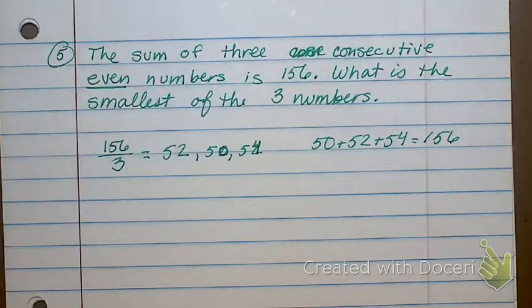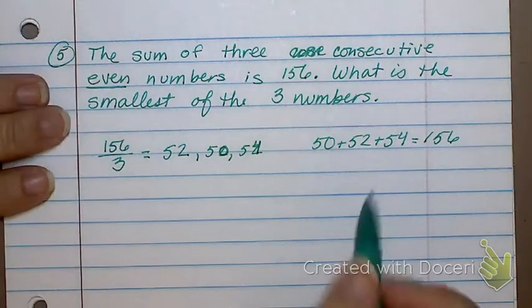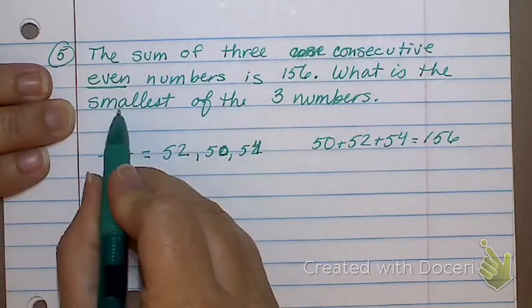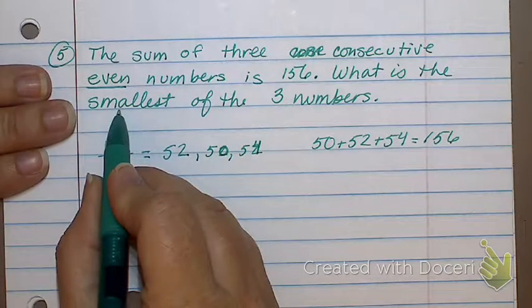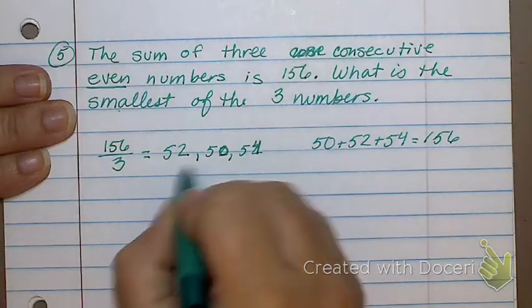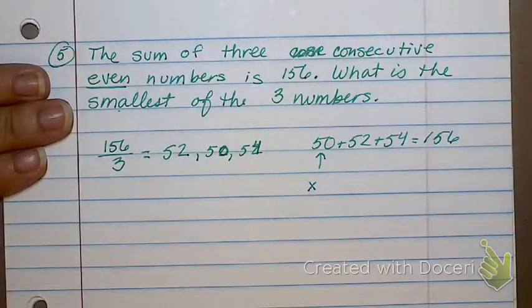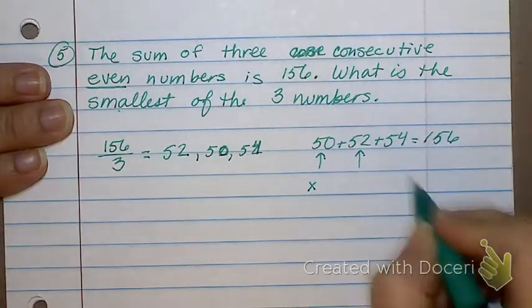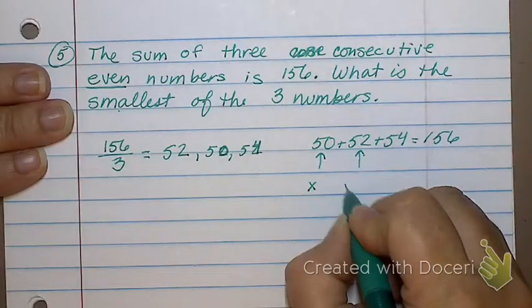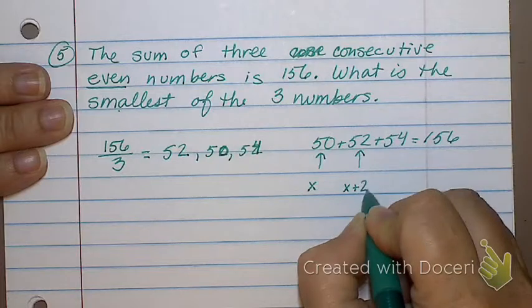Okay. Those of you that I challenged to come up with an equation, were you able to? Okay. So, let's call x the smallest of the 3 numbers. So, in my set here, I'm going to call 50 x. What would 52 be? Isn't that 2 more than x?